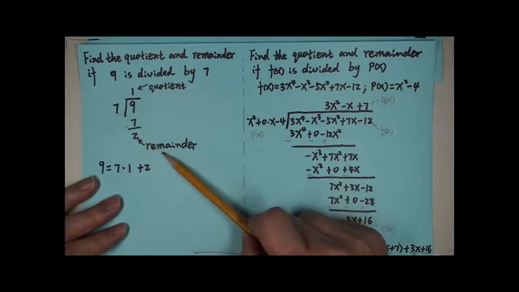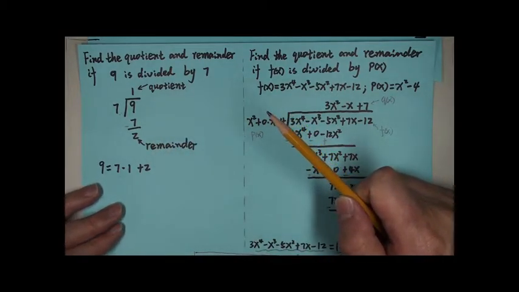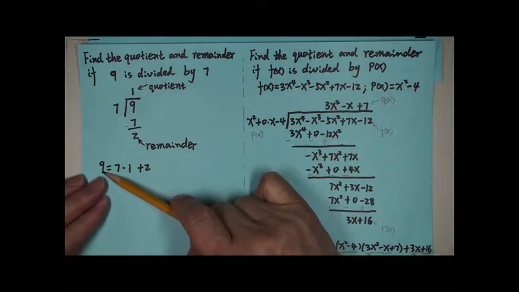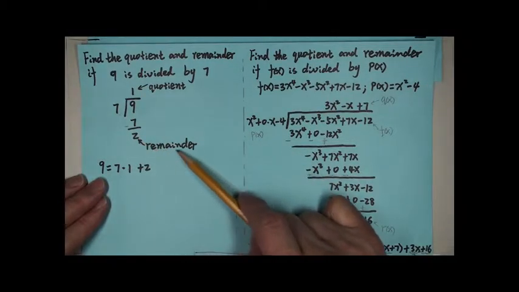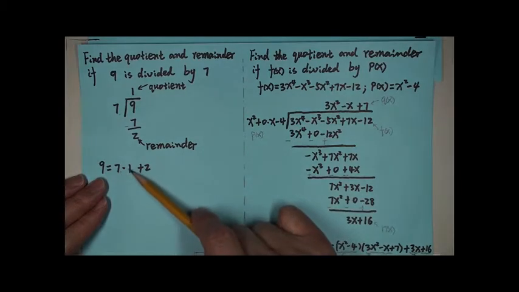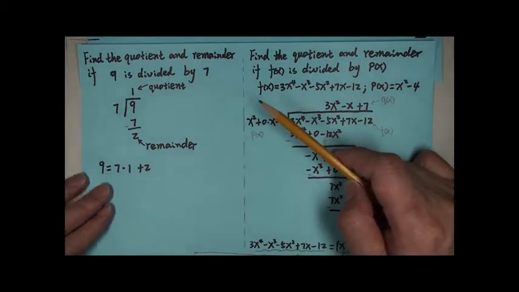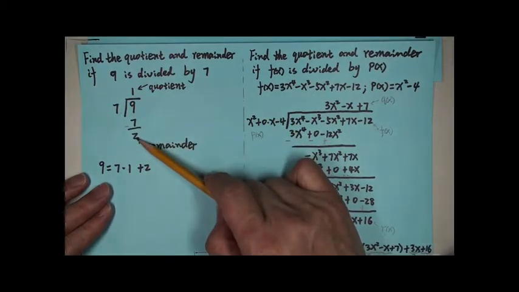This 2 is the remainder. Then we know 9 can be written as 7 times the quotient plus the remainder, so 7 times 1 plus 2. It's the divisor times the quotient plus the remainder.